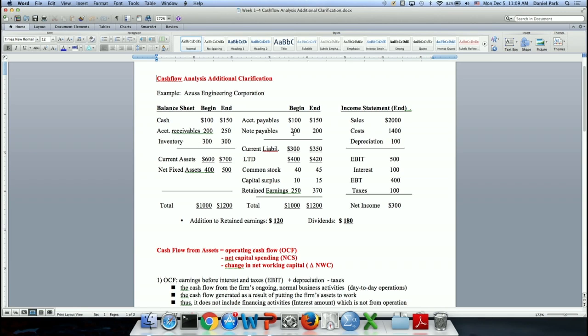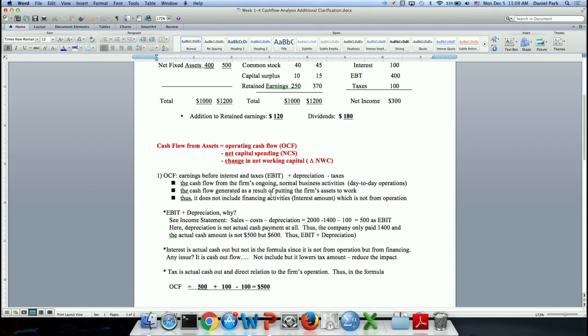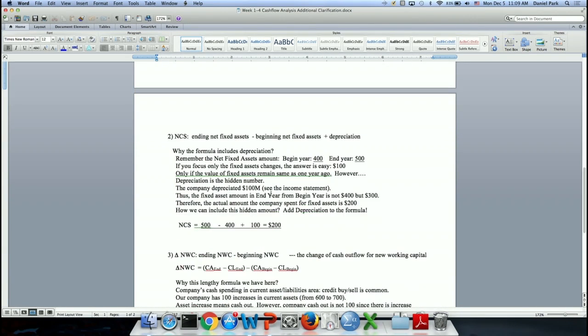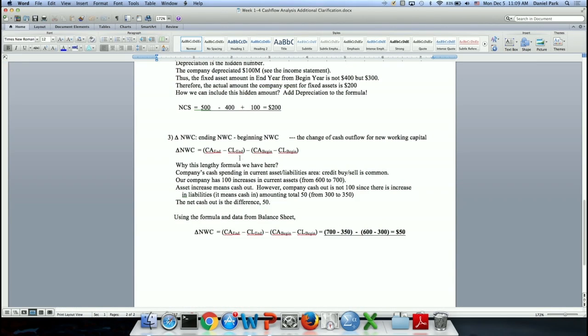So in the current area, the company's cash spending is not 100 but 50 million only. Go down here again. If you use this formula, ending year net working capital is 700 minus 350, and beginning year net working capital is 600 minus 300. So by subtracting the two, you end up with the right answer, $50 million.